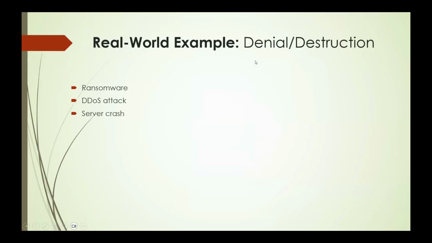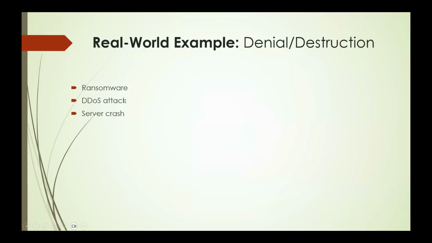Next, let's talk about denial or destruction. So, what is ransomware? When an attacker stops our services by attacking our systems, and he or she will say that they will release our services only when you pay a good amount to them. That is called ransomware.